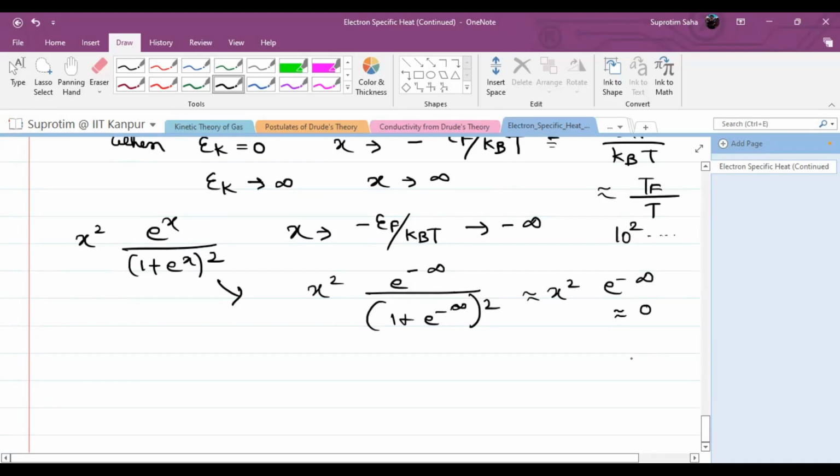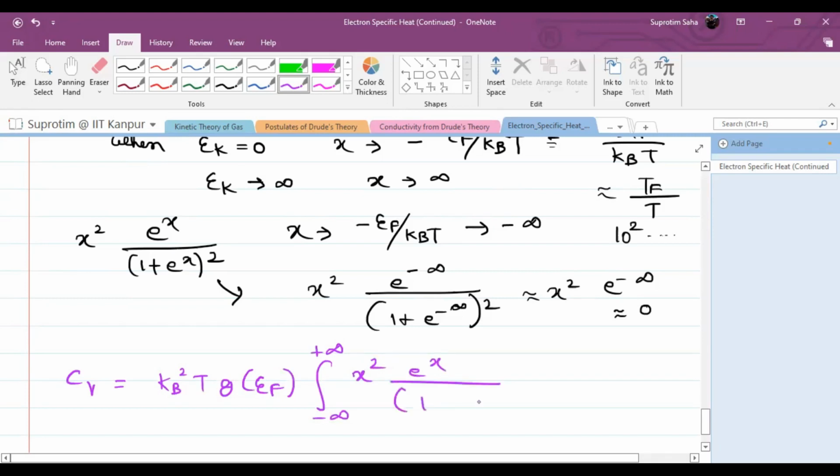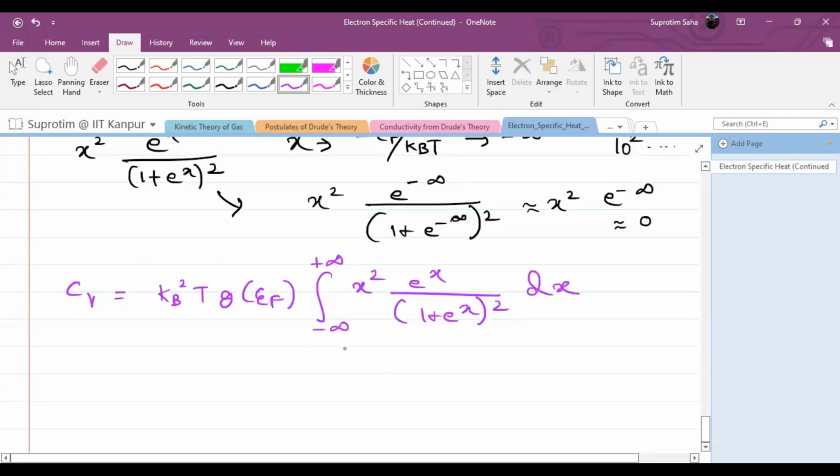So your C_V has an even simpler form. C_V is now k_B squared T g of E_F, integral from minus infinity to plus infinity of x squared e raised to x by 1 plus e raised to x whole squared dx.